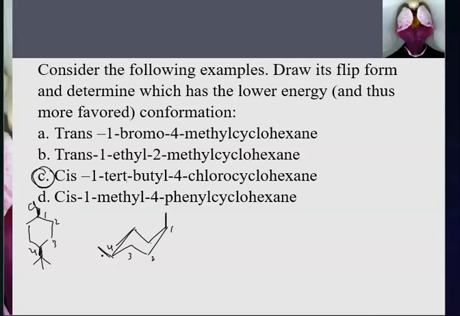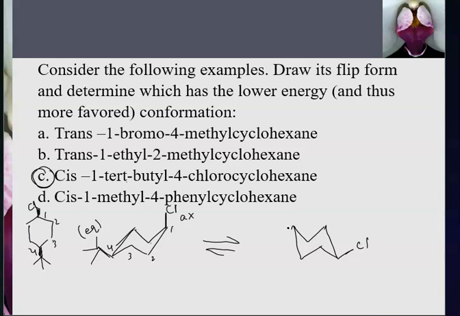So at the first and the fourth position, the t-butyl group and the chloro group are cis to each other. Now when I flip it, so I have one axial and one equatorial, right? Now when I flip it, the carbon containing the chlorine is over here, so that will become equatorial.